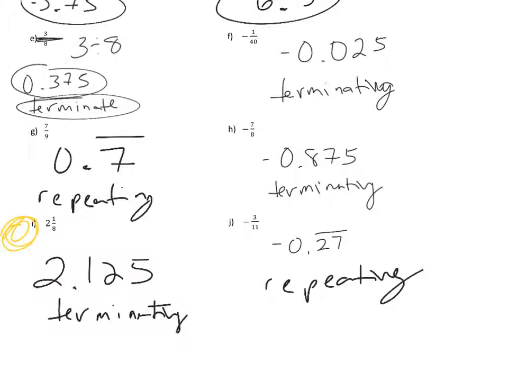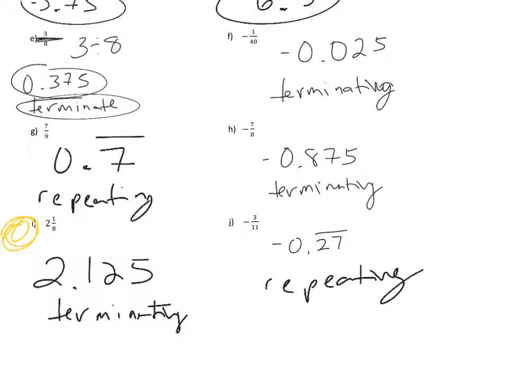Letter H should be negative 0.875 terminating. Letter I, 2 1/8 is the same as 2.125 and it terminates. Letter J, negative 3/11. On your calculator, you should have gotten negative 0.272727272727, and eventually your calculator cut it off and could have rounded it to 0.27272727.